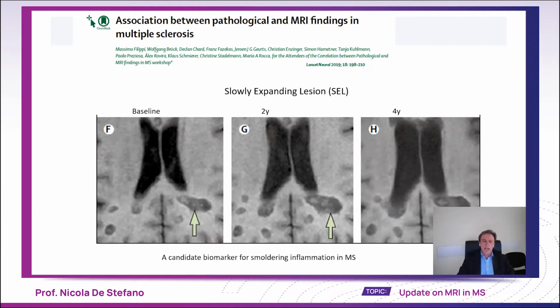There is neuropathological evidence that slowly expanding lesions can be a candidate biomarker for smoldering inflammation in MS, telling us something about the chronic inflammation present underneath in these lesions. It is not the classical inflammation that we see on MRI with gadolinium-enhancing lesions, but something more subtle, and very important, not only in increasing tissue damage in the brain on MRI, but probably also in the progression of the disease.